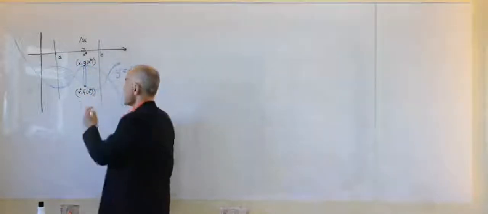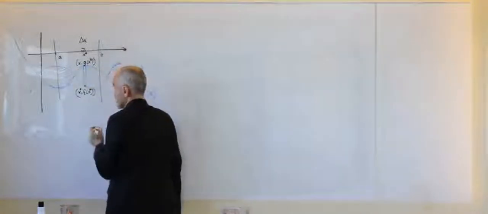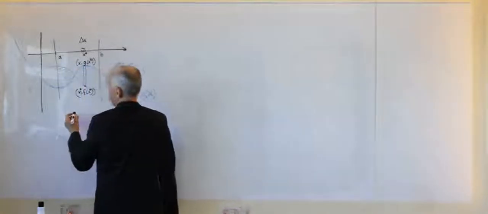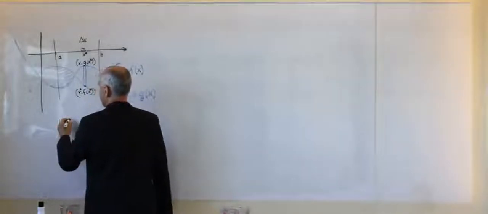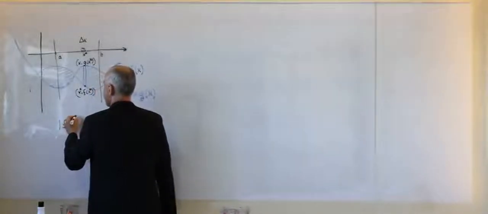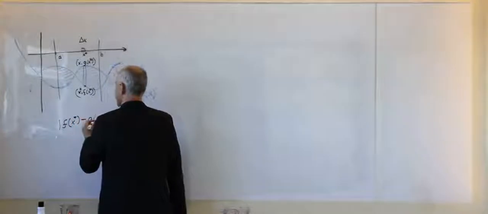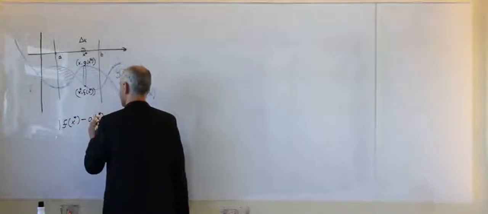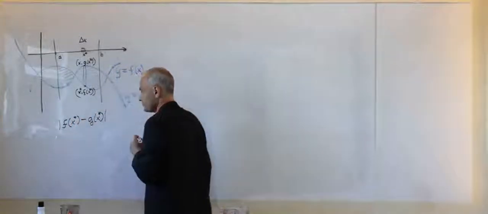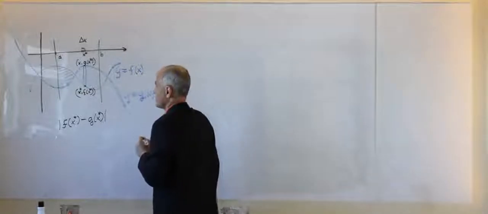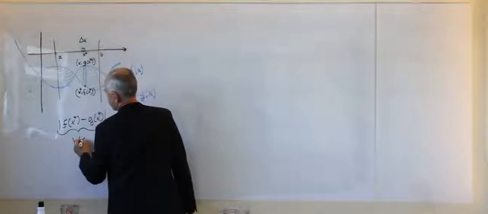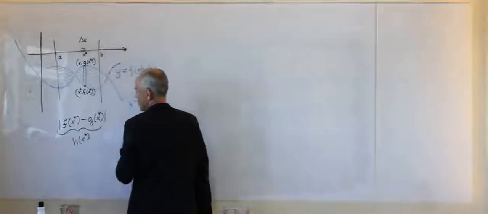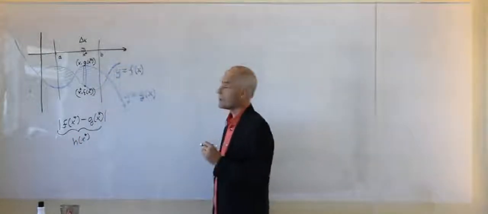So let's write down the area of this one blue rectangle. That would be the height, so the absolute value of f of x star minus g of x star. So this is some function h of x star, the height at x star.